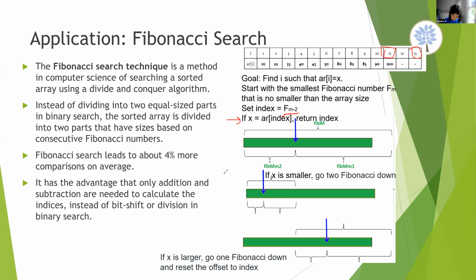However, if x is smaller, we'll go two Fibonacci numbers down from that, and we don't check this part. Whereas if x is larger, you don't have to check the first part, you will cut it to this part to check. Then we repeat the process.